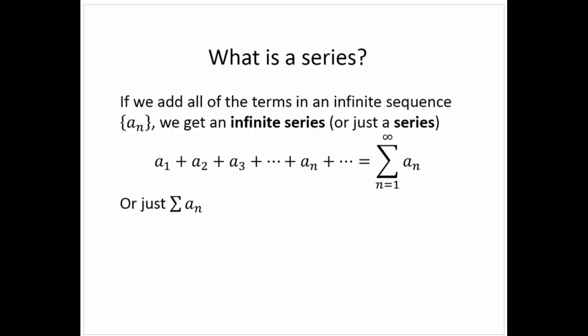They are not interchangeable. The notation is a sub 1 plus a sub 2 plus a sub 3 up through a sub n plus all the way through all the infinite terms. If we add all of that up, we get this sum of a sub n from 1 to infinity, and that is the series. I hope you've seen this sigma notation before.